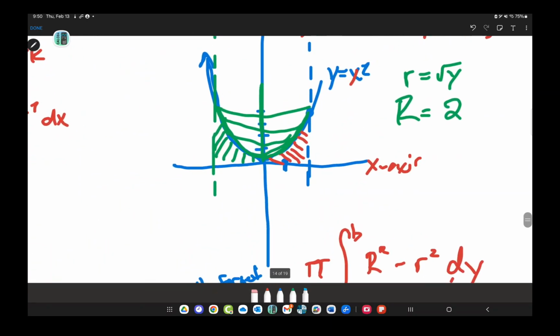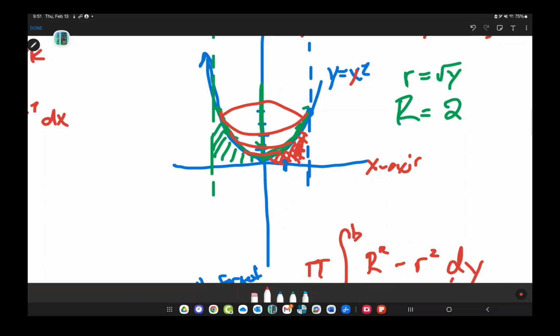So let me do this. We're taking this region right here and we are rotating it around. So it's this right here being rotated all the way around. What I have basically is a cylinder with a parabola-shaped dome being cut out of it.